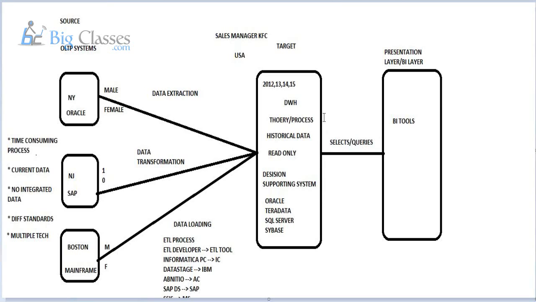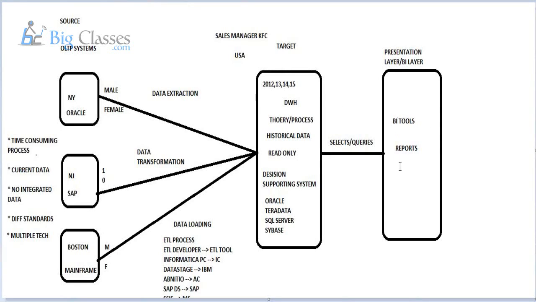The BA tools query the data from the data warehouse and present the data in the form of reports. A report could be a pie diagram, a bar graph, a tabular format or a dashboard. Using these reports, the business user or the sales manager can understand how the business is running.